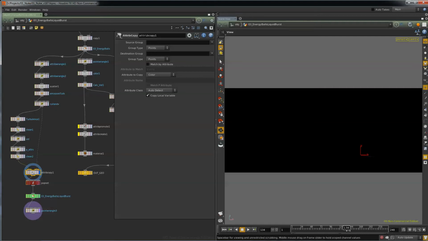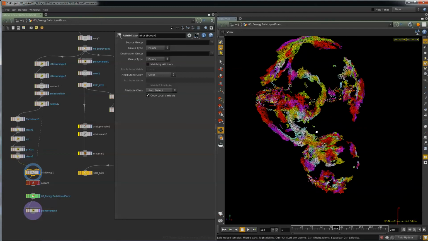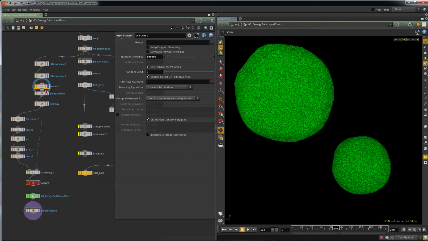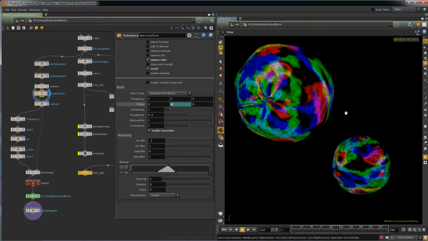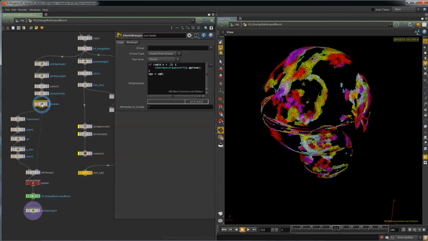So as soon as they're born, they die. I'm just scattering points on the surface, and that's my emitter. Then I give them some color, and I delete them. The important part is the emission turbulence, with this turbulence node I made. And then I remove the points based on color in red.